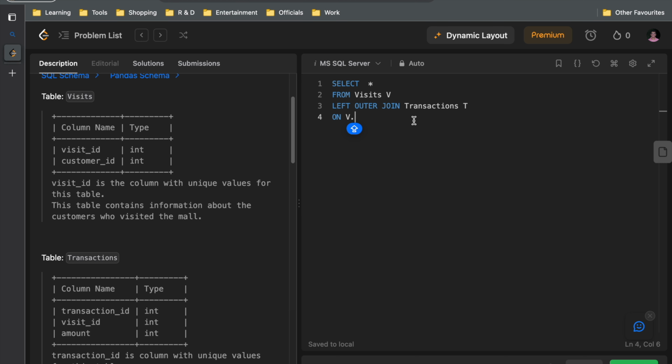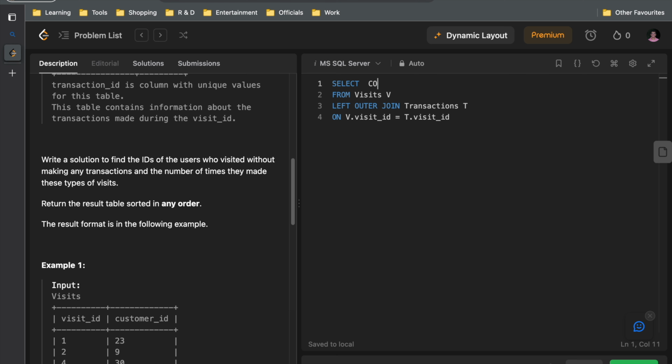We have to identify the visits which do not have any transactions. So we join on visit_id: V.visit_id equals T.visit_id. And what we have to do is count.